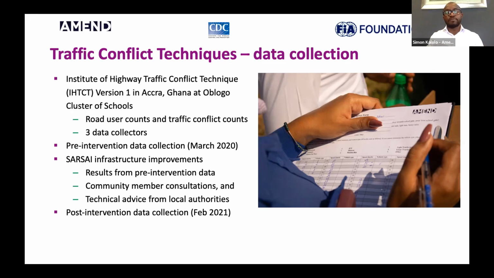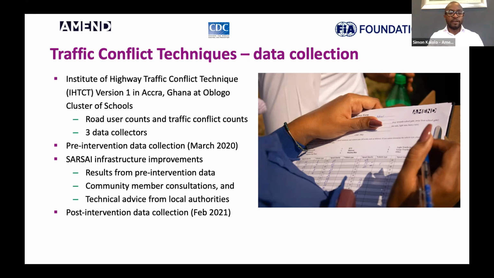This involves speaking to children themselves, teachers, members of the community, folks selling items next to the school who see the risks on a daily basis and are part of that environment as they interact with vehicles. Another key component of these infrastructure improvements was to involve the local authorities and local engineers to discuss the interventions that we suggested, and for them to give us the approvals to go ahead and put these infrastructure interventions in place.